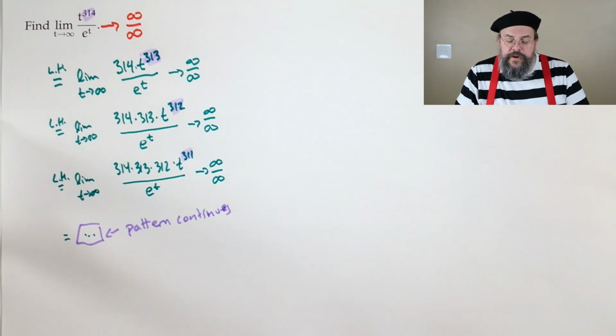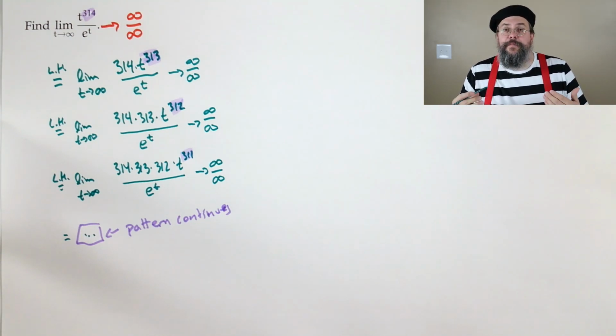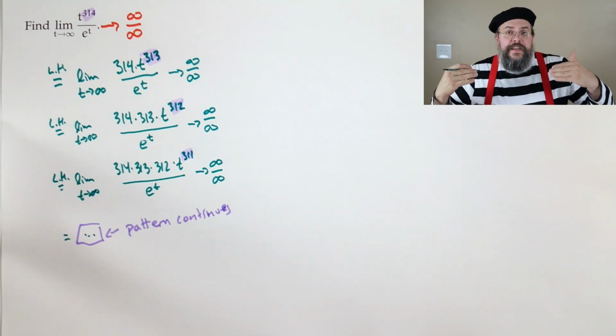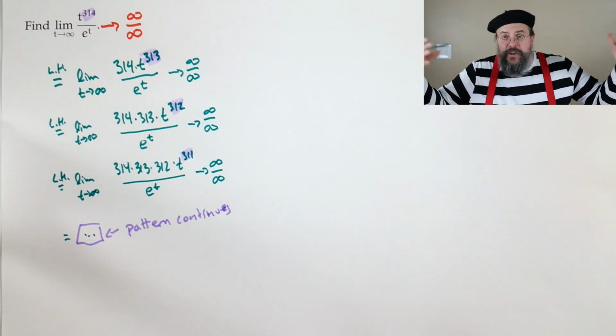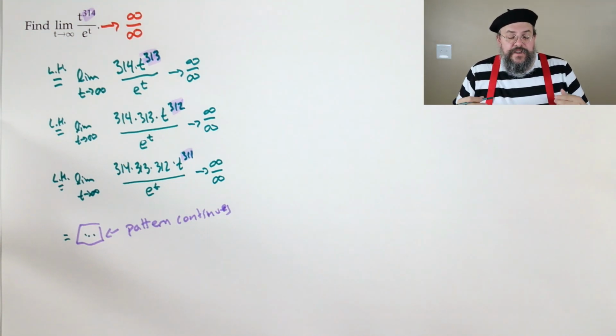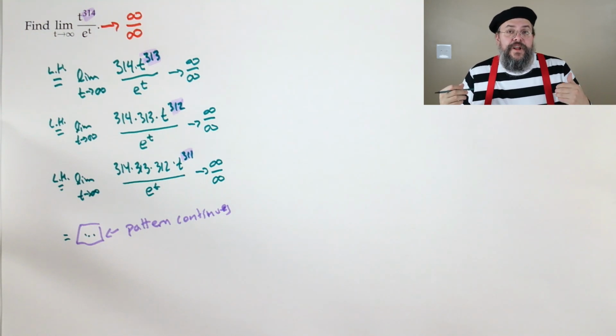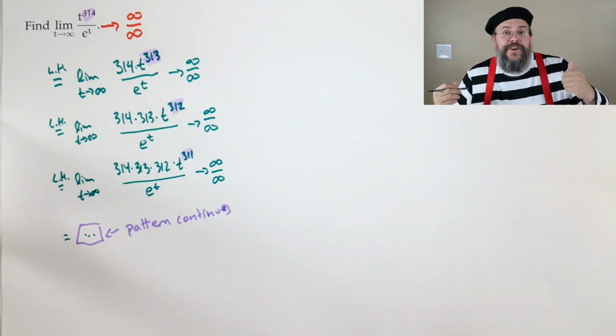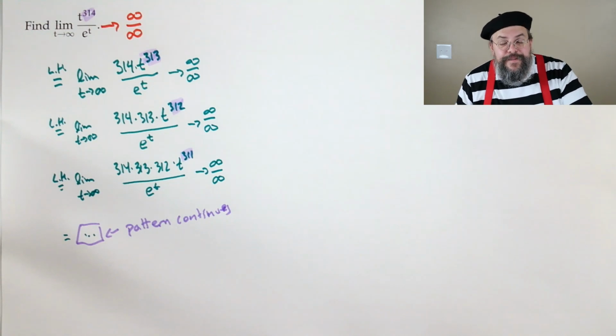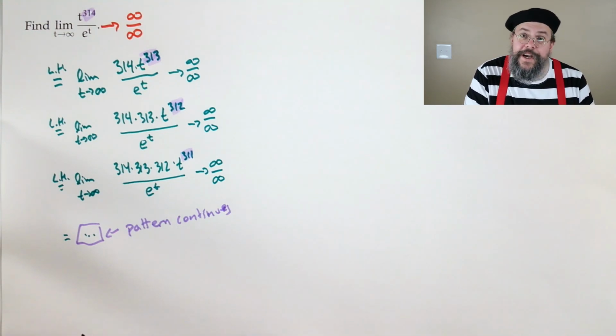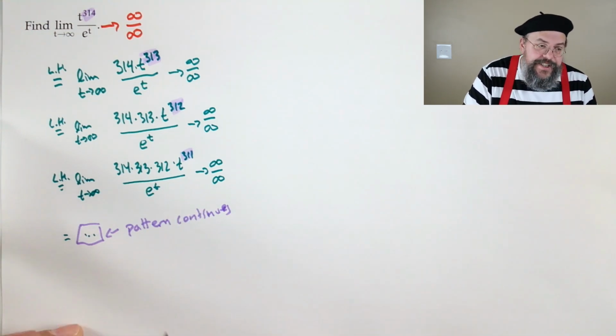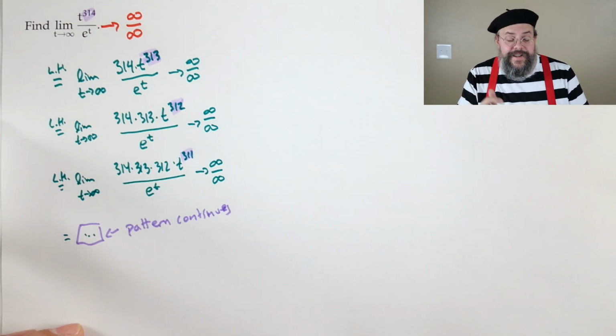And so we repeat that until something interesting happens. Well, as long as you have t to a power, you're going to keep getting a big number. So we apply L'Hopital's rule a grand total of 314 times. Okay, so we're not going to write them all down. That's the advantage of the dots. Saves us a little bit of time.